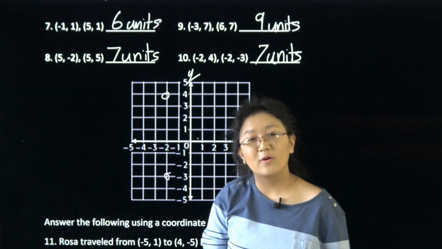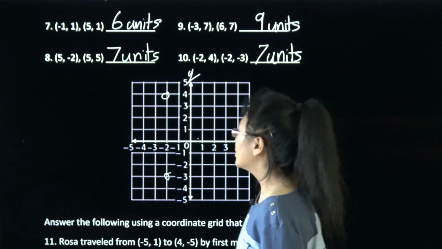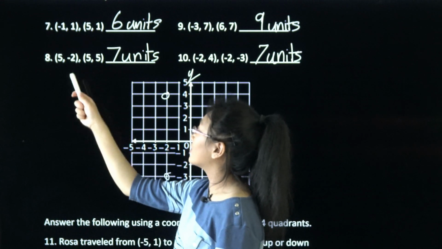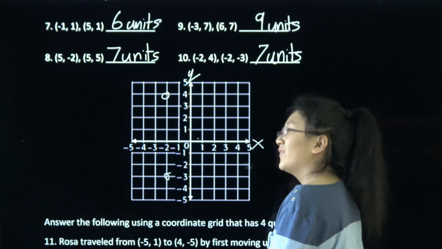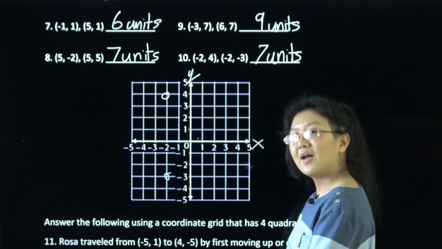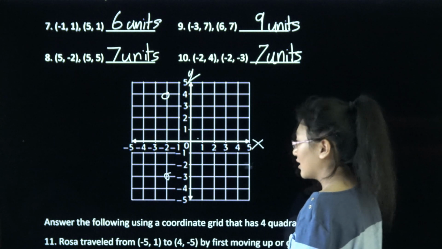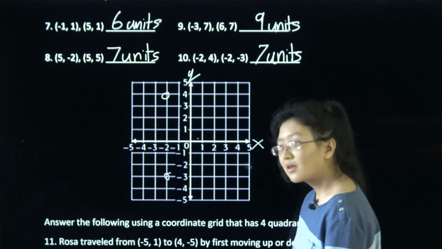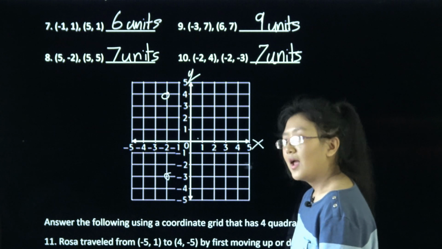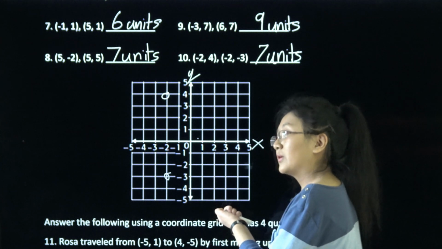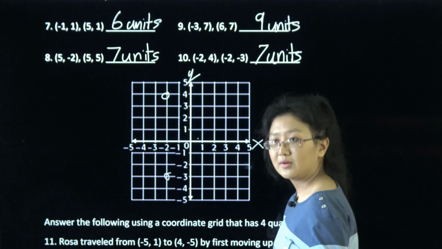Of course, for horizontal or vertical lines, we could just find the distance between the two points that aren't the same. Now you might be wondering, how do we find the distance between negative 2 and 5? Well, we know that the distance between 5 and 0 is 5. And 0 and negative 2 is 2, and 5 plus 2 equals 7.